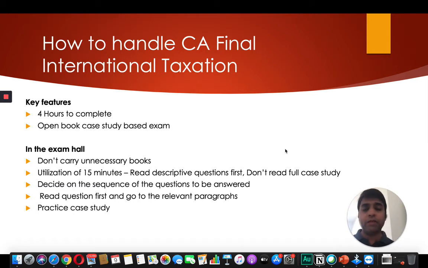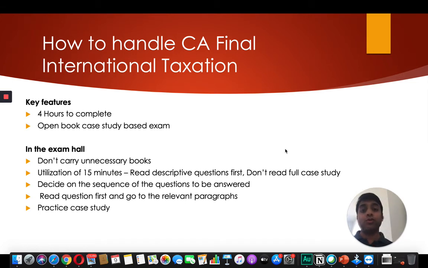The moment you read one paragraph, you can go to the questions and see how you can answer them, because in the case studies there are many irrelevant paragraphs, like discussing the business of a particular entity, which might not be relevant for you to read carefully or spend a lot of time on. So apply your logical thinking, read the questions, go to the relevant paragraph and read it. This is called a reverse technique.